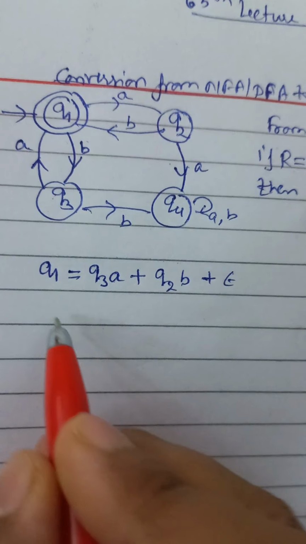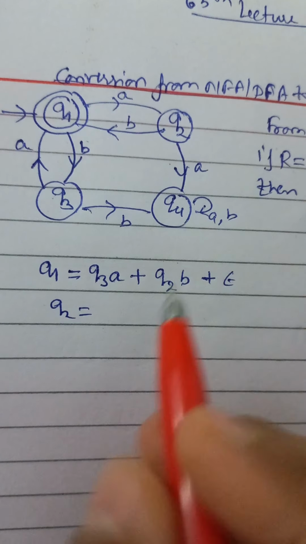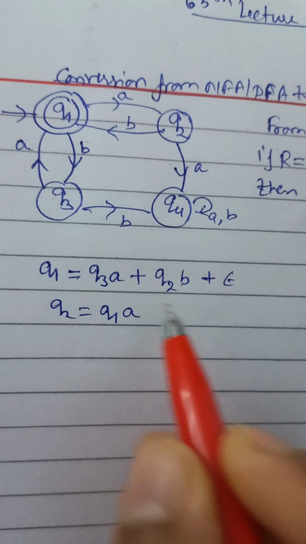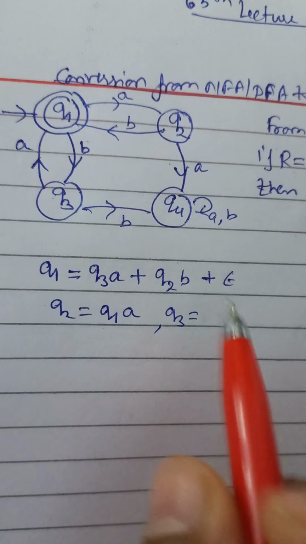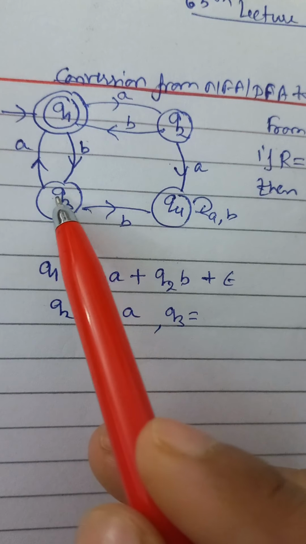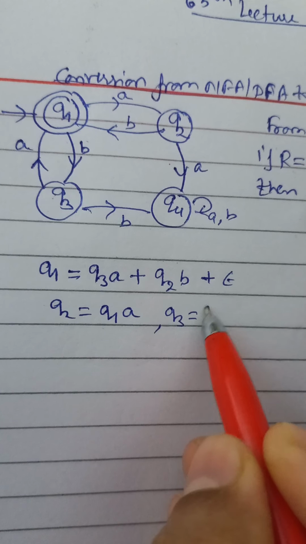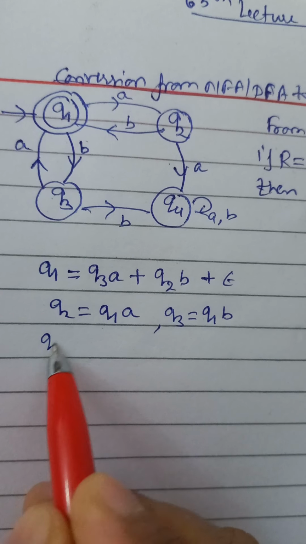Now Q2, what will be the equation for Q2? Q2 will be Q1A. There is only one transition. And what will be Q3? Q3 will be Q1B. There is only one transition. And what will be Q4?